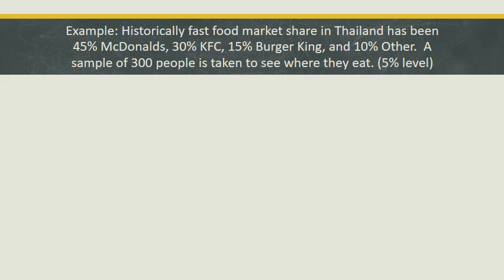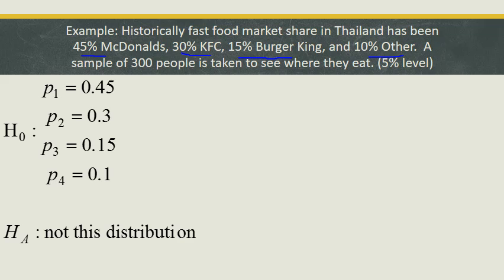Our first example is about fast food market share, and there are four categories: McDonald's, KFC, Burger King, and other. The null hypothesis is given in the question, and it has to specify the proportion or probability for each category.